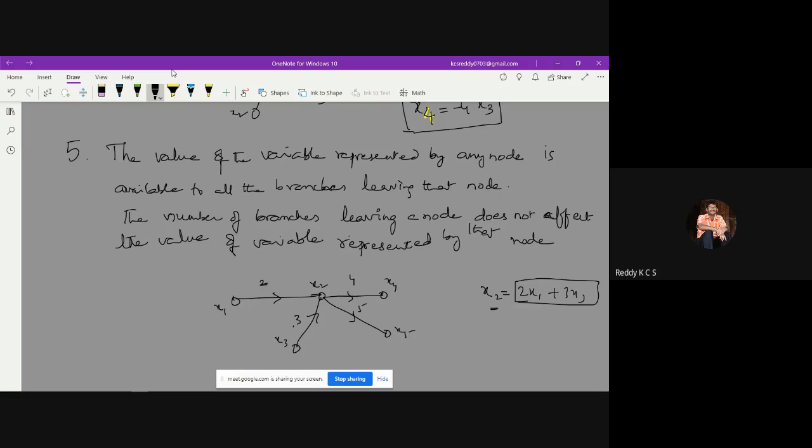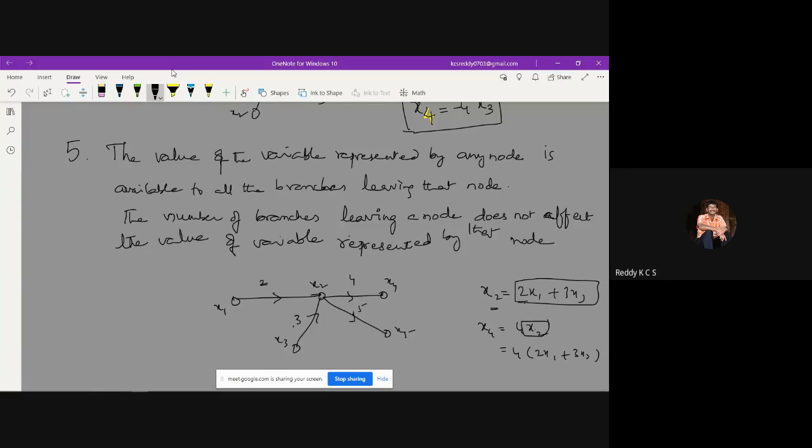If I find the x4 value, I can write 4 into x2, meaning whichever x2 it has, so this can be written as 4 into (2 into x1 plus 3 into x3). The value of this x2 will be available for these signals also, meaning whichever you added, this 2x1 plus 3x3 for this x2 value, will be taken into consideration while calculating the value of the variable x4 and the variable x5.